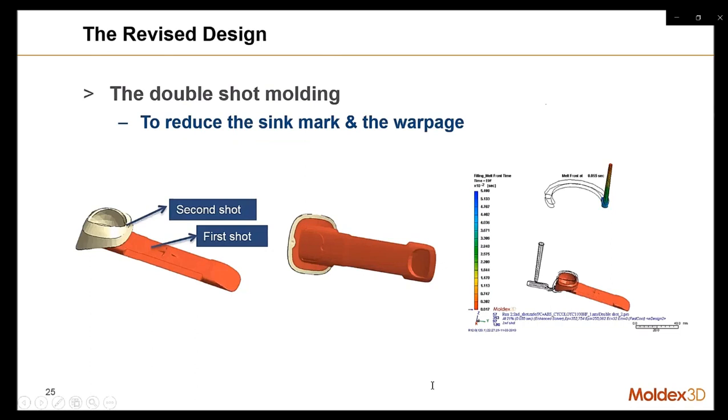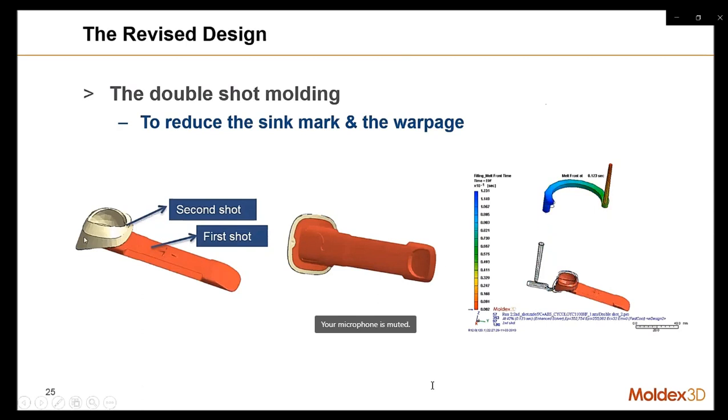So now we try to do the revised design on this geometry. The way we deal with it is we try to separate the original geometry into two parts. So the idea is we keep the first shot, we separate them into two parts, and we keep the thickness on the second shot much more even. So even though there is still thickness variation on the first shot, and the seam mark will happen on the first shot, the second shot will just cover the seam mark.